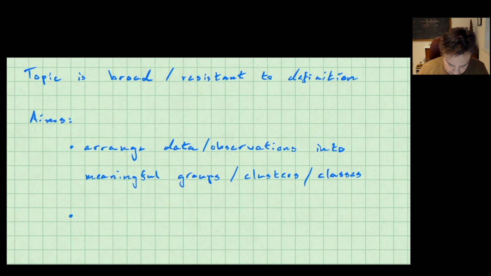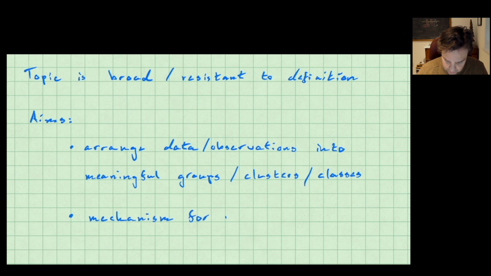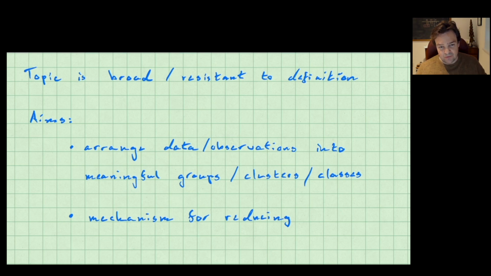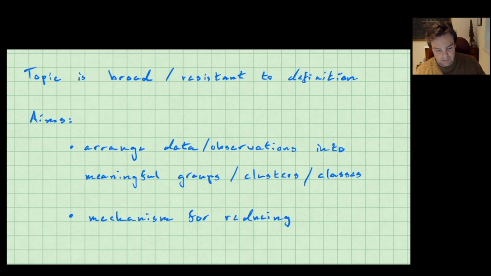In a way, the defining feature for me is that this is a mechanism for reducing the number of observations, which is new to us in this module. A lot of our work in multivariate analysis is about reducing the size of the data that you have to deal with, to distill out of it the key or important aspects and brush away the parts that are not as important.